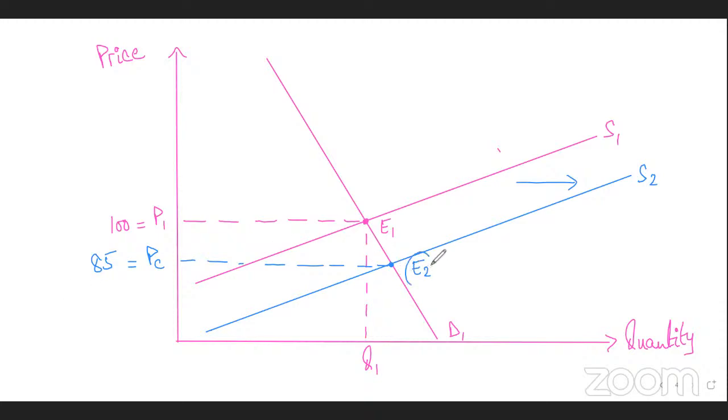Okay, now what do you need to do next? You will take this new equilibrium point up to the old supply curve. You draw this dotted line straight up to the previous supply curve, and then you connect that to the y-axis to see how much price the producers will receive. So that will be your PP. So the price that producers will receive is how much? 105.